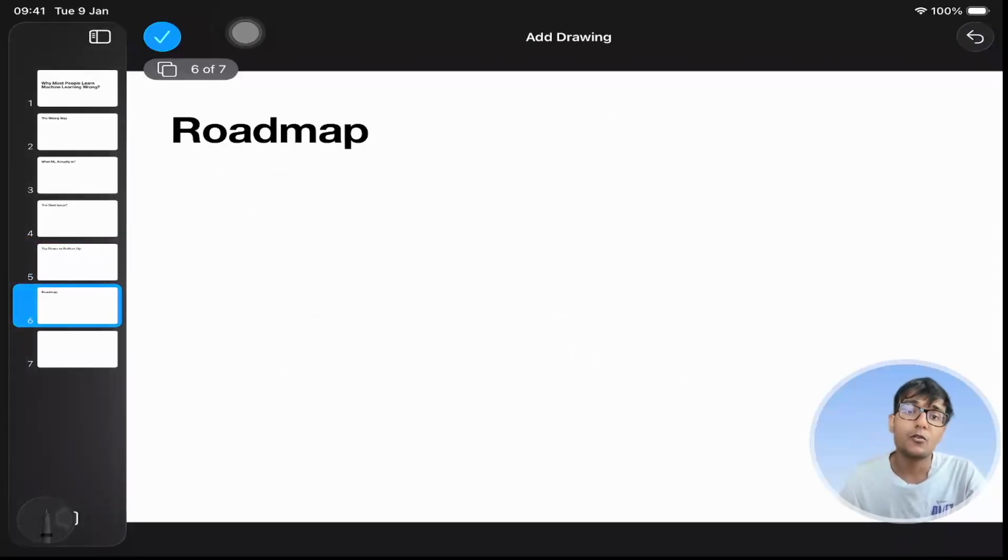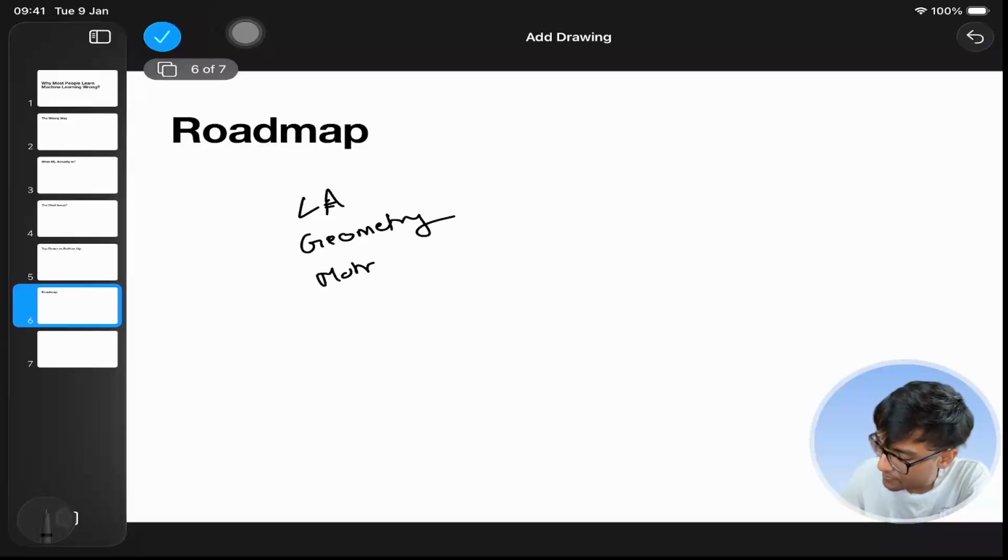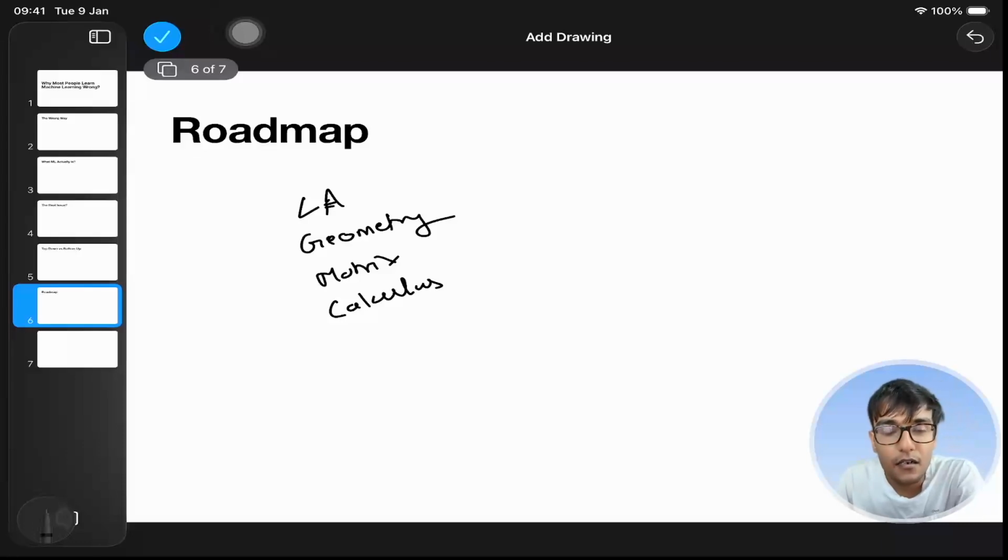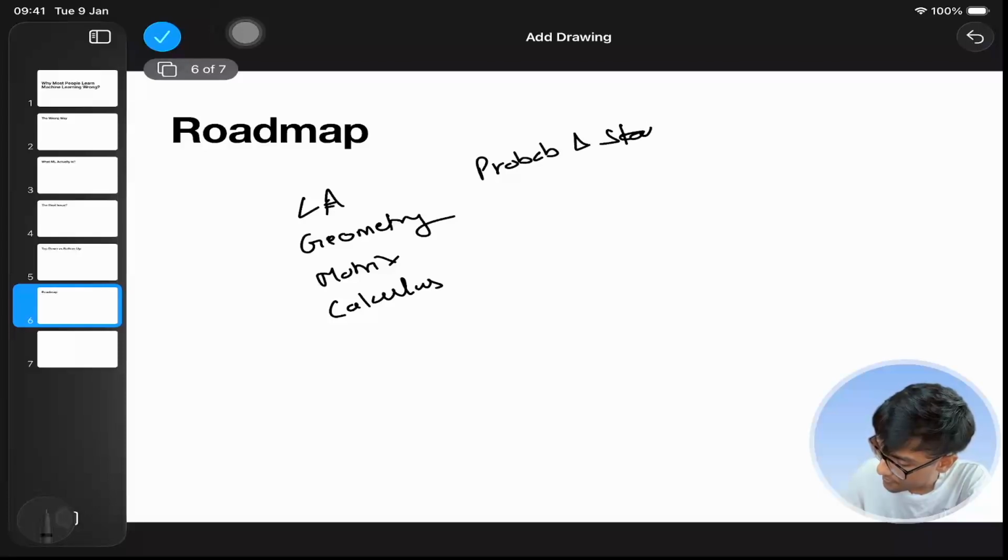So, what's the roadmap? A proper roadmap: you have to do linear algebra, the most basic and most important part of machine learning. Do some geometry, then matrix, calculus. Then apart from that, you have probability and statistics.